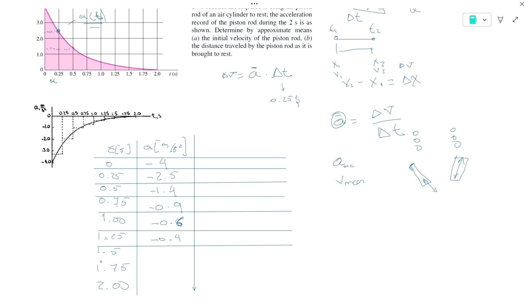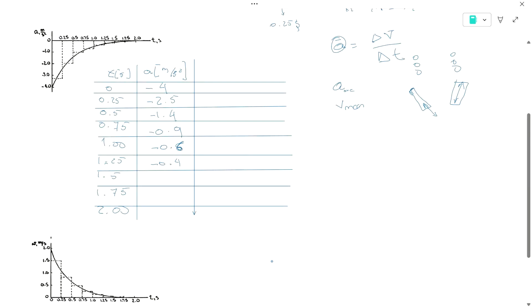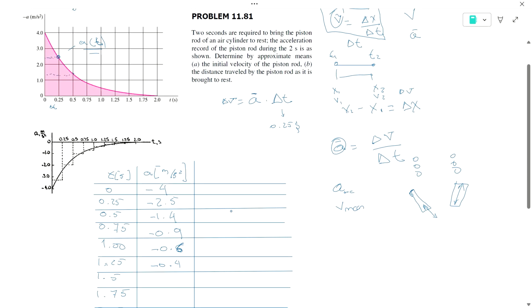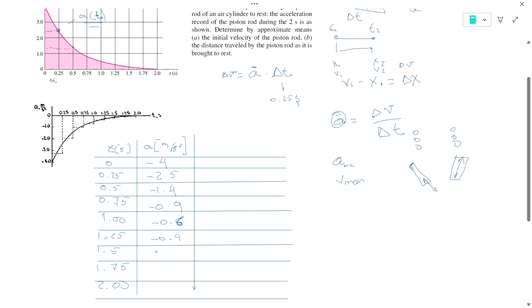Let's do it again. 1.5. All right, 1.75 and 2. Cool. So at 1.5, what is that? 0.33 maybe? I don't know. That's tough. Let's say 0.15.